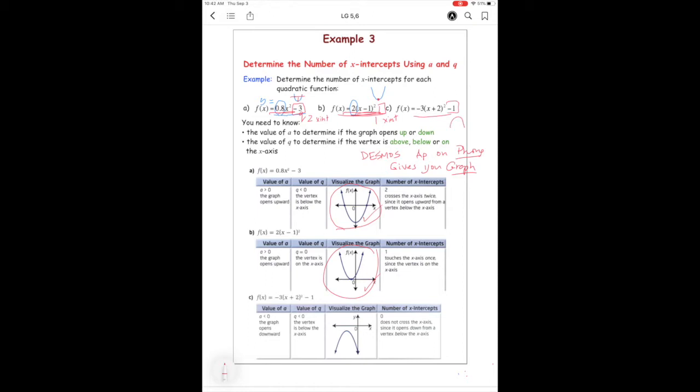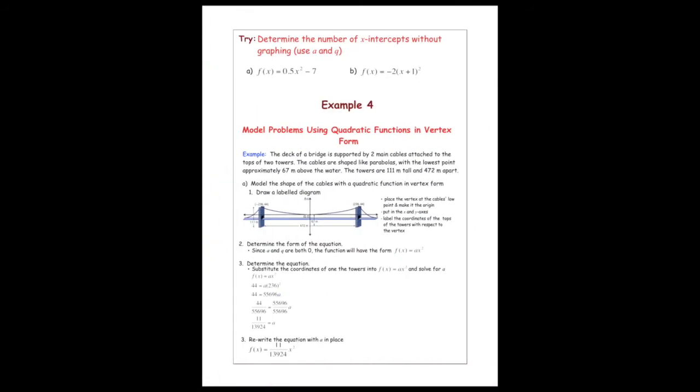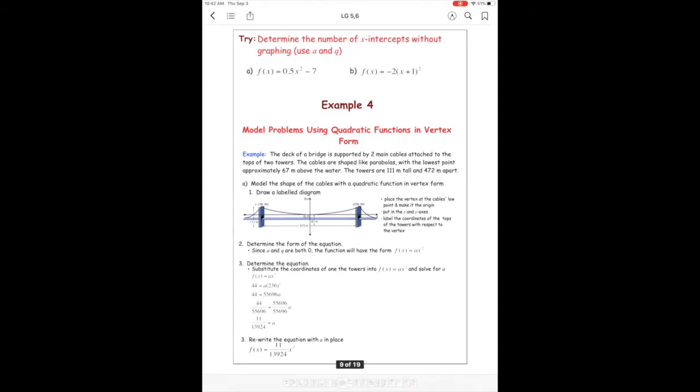And then the third one here, it's opening down and the q is below, so that means it's below the x-axis, so it has 0 x-intercepts. Okay, so you can pause and then you can try.